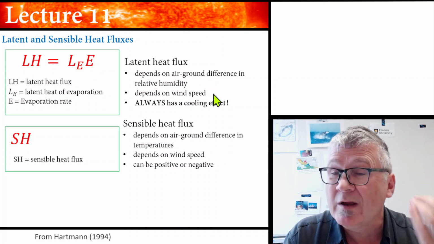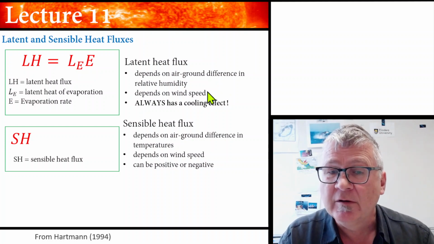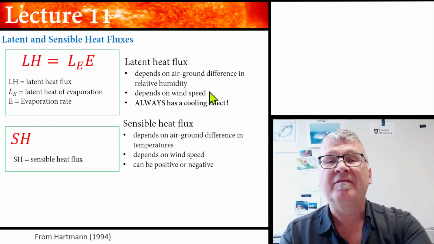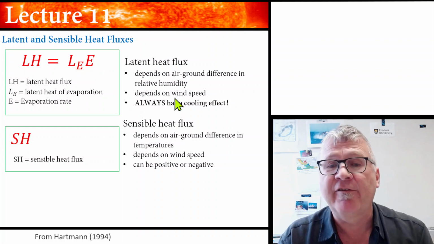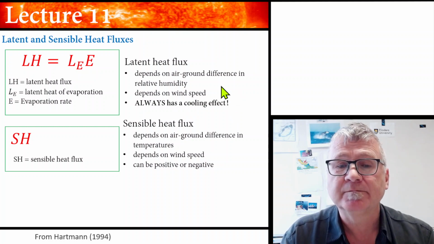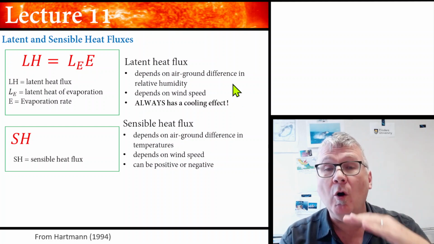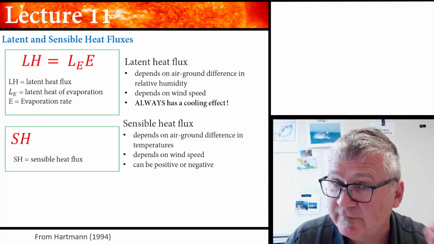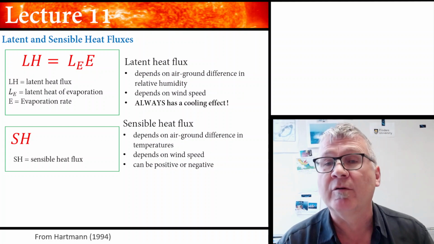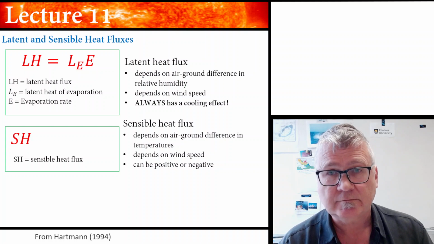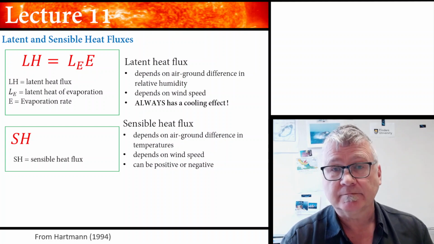It depends on the wind speed too. If you have no wind, there will be no evaporation, and the wind speed determines essentially how much is evaporated. The latent heat flux always has a cooling effect. That's a very important thing. If you have evaporation, on its own, it always has a cooling effect.